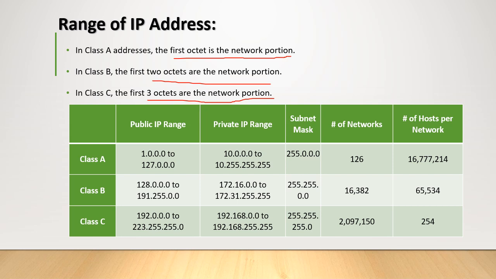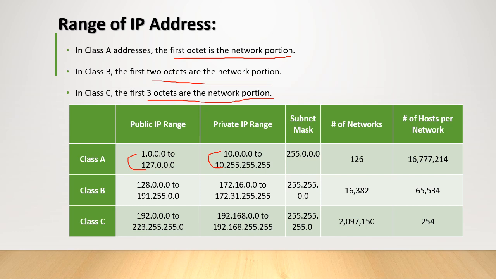Let's see, this is the IP address of class A, and we have public IP and private IP addresses. We have a range of 1 to 127. Within this range, we have a private IP address range: 10.0.0.0 to 10.255.255.255, which belongs to the private IP addresses of class A. This is not used publicly.